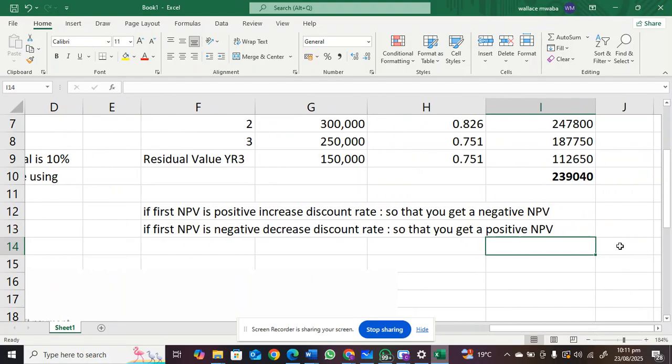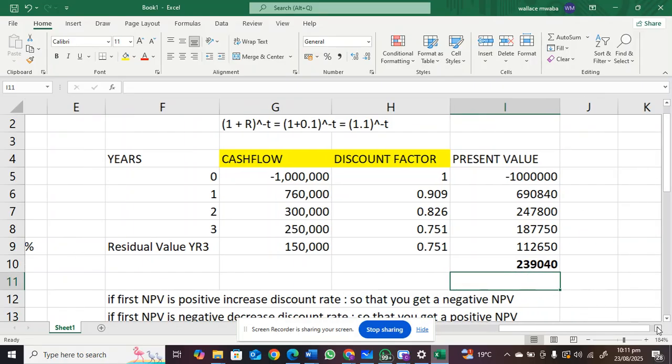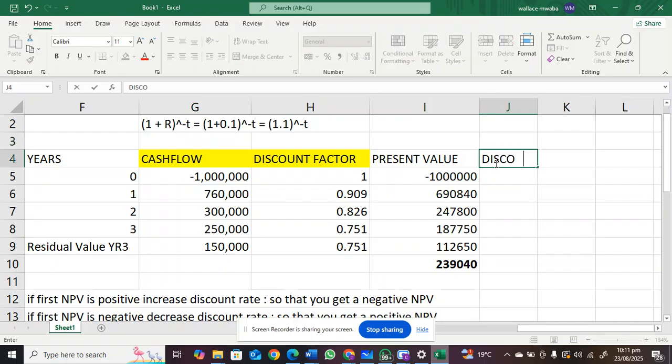In this case, since our first NPV is positive, we need to increase our discount rate. You can choose any percentage above 10.